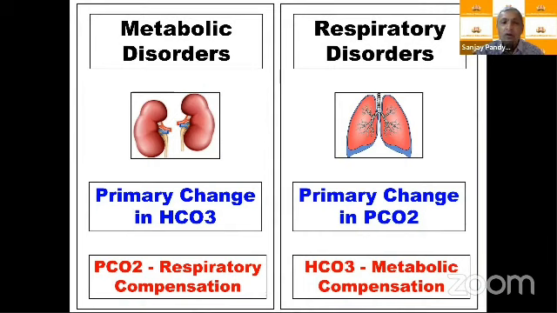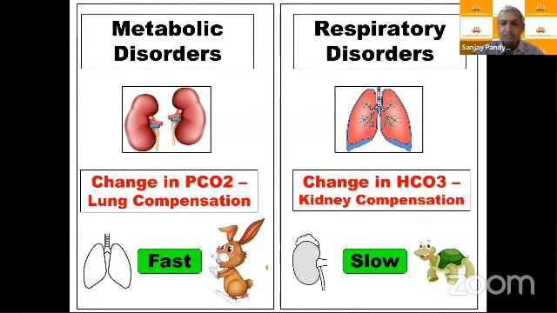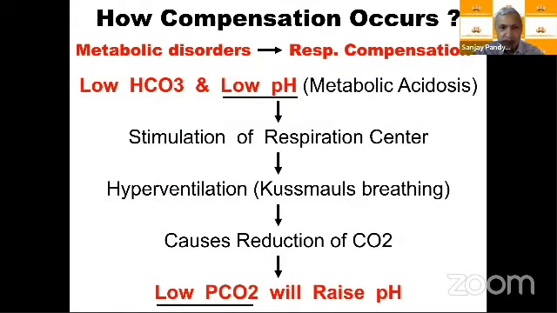Now, in metabolic acidosis, the respiratory compensation is fast, while in respiratory disorder, the ability of the kidney to make change in bicarbonate and to compensate is slow. That is something we need to remember, because when we look at further analysis, this is going to be useful to us. Now, how does compensation occur? This is the example: in metabolic disorder, we have respiratory compensation.